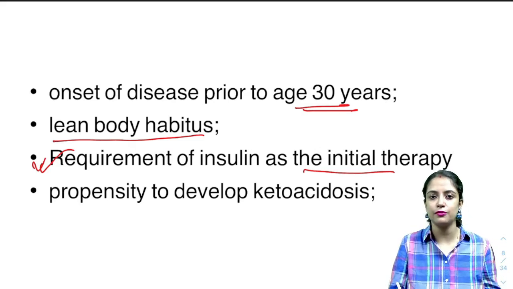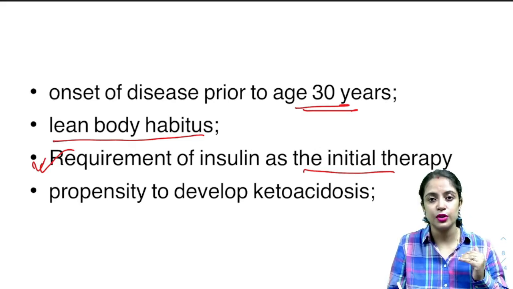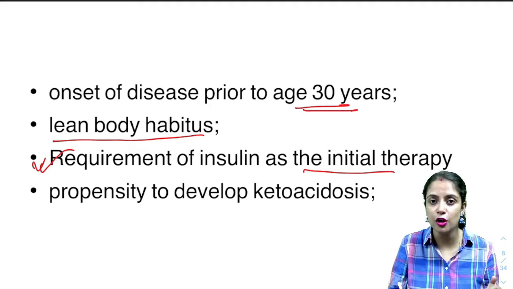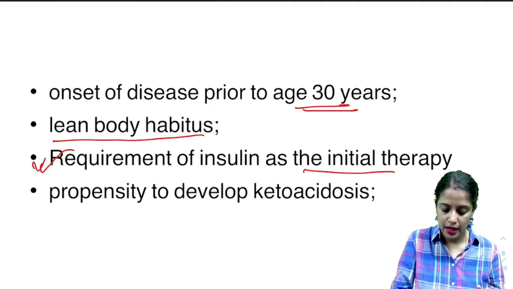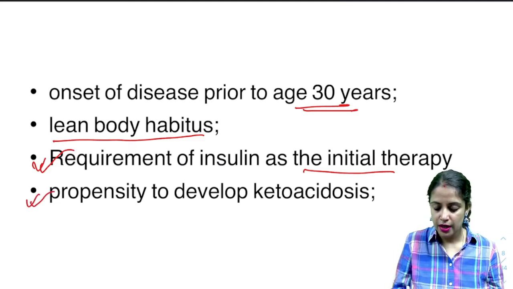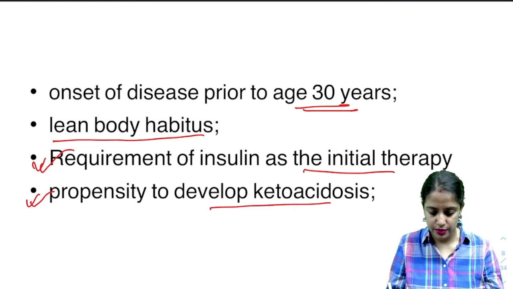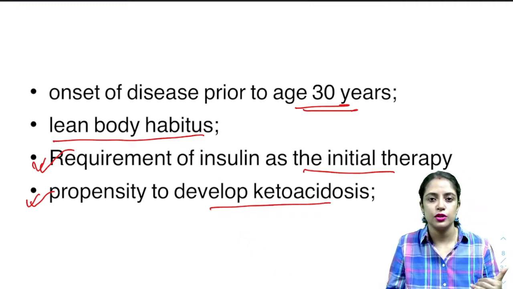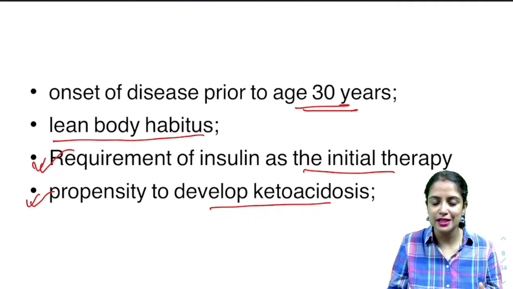That is the main pathophysiology. Since there is insulin deficiency, they will definitely require insulin from the very beginning of the diagnosis. They also have a propensity to develop diabetic ketoacidosis, which is a medical emergency and a complication of diabetes much more associated with type 1 than type 2 diabetes.